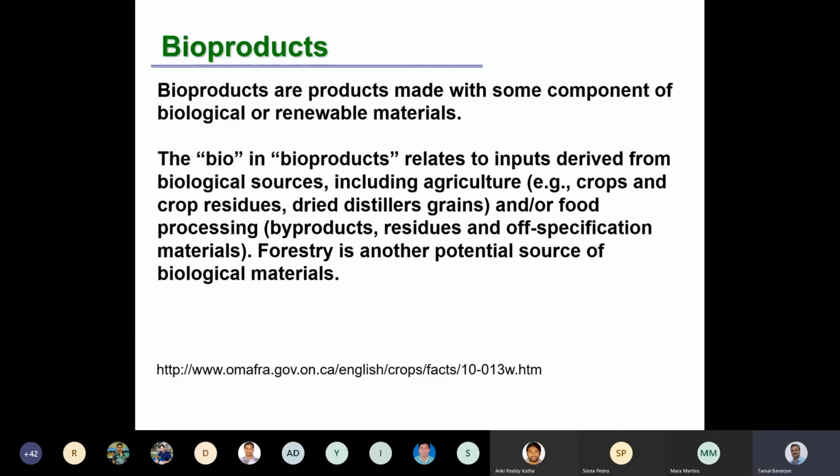The forest is another potential source of biological materials, and I can include here the microbial resources as well, and animal wastes as well.